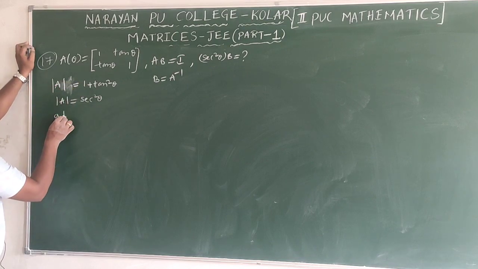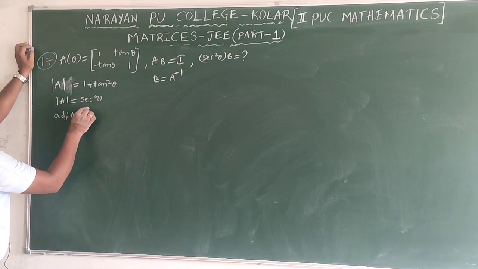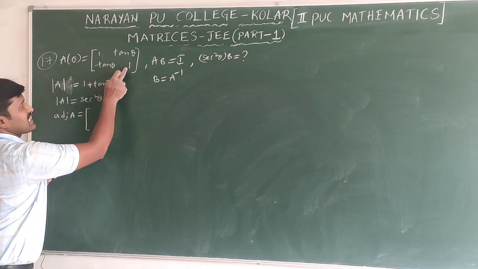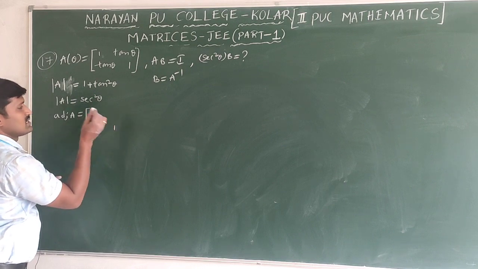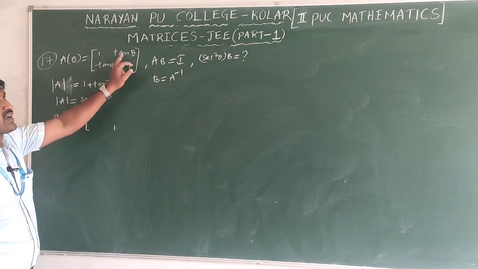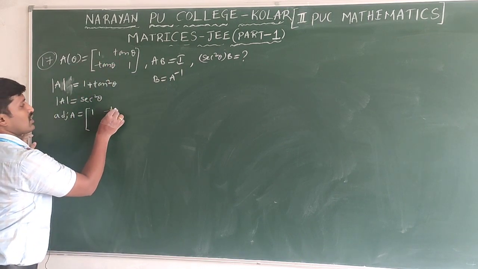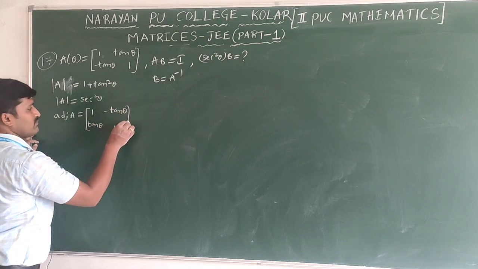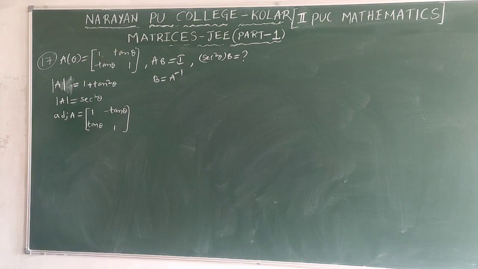Next we need adjoint A. Adjoint A for a 2 by 2 matrix: interchange the diagonal elements, change the sign for non-diagonal elements. That is called adjoint A: 1, minus tan theta, tan theta, 1. Adjoint for 2 by 2, what?